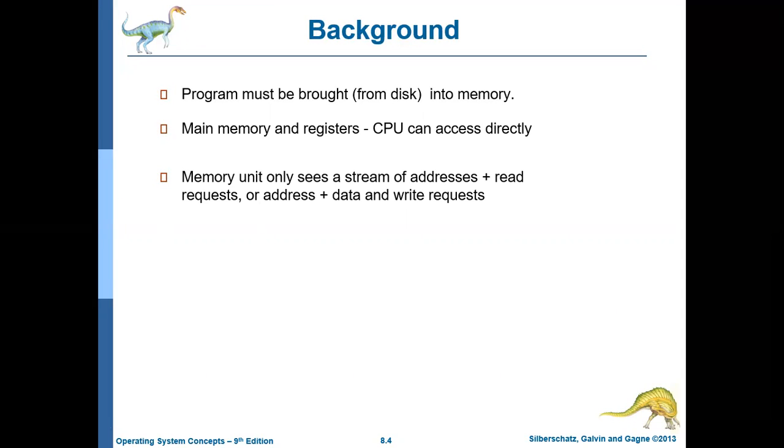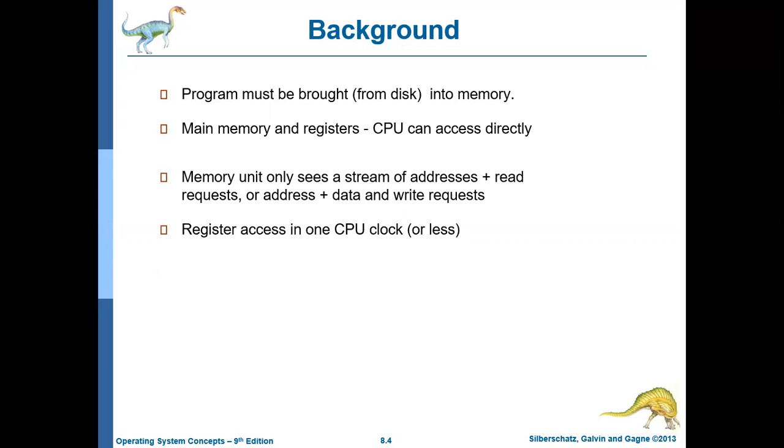That is what the memory controller knows. Every device will have a controller. Memory will have a controller. So the memory controller can see only the stream of addresses, whether it is a read request or a write request. It does not know anything about how these addresses were created.